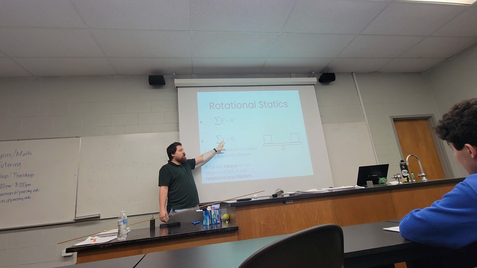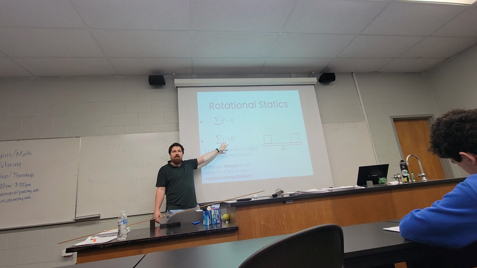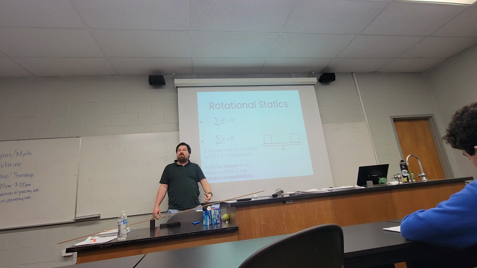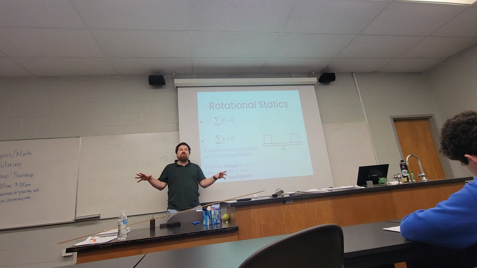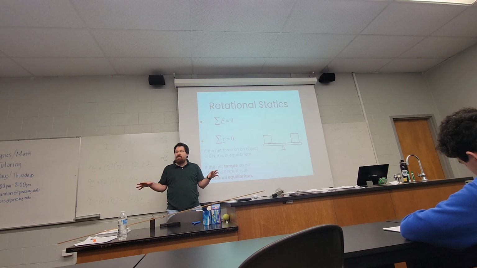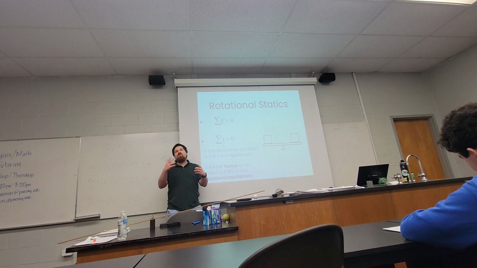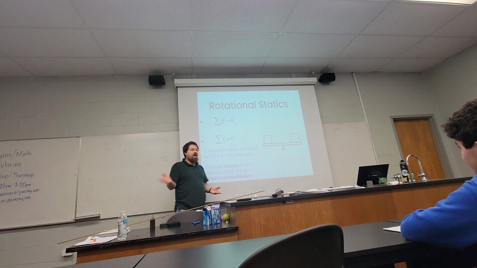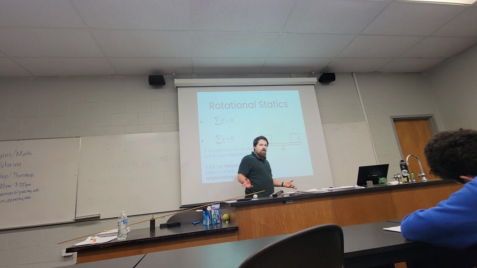And if net torque equals 0, you get an angular acceleration of 0. Basically, if all of the torques acting on something are balanced, the object won't rotate. It will remain in equilibrium, meaning it might rotate at the same speed, or it won't be rotating at all.